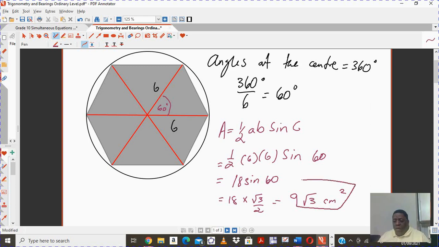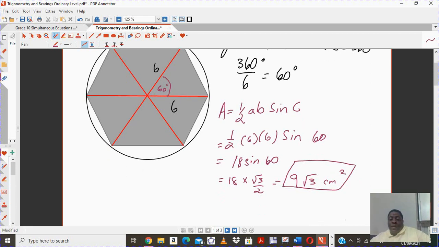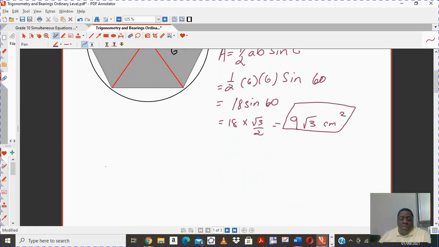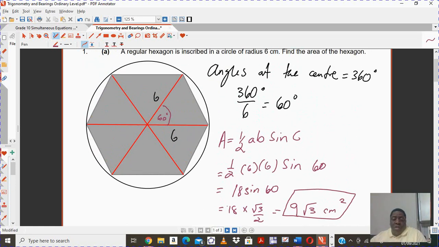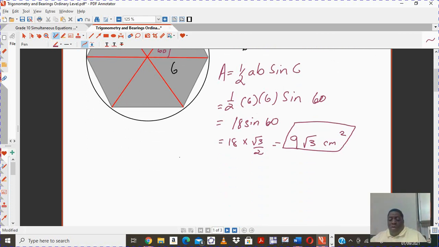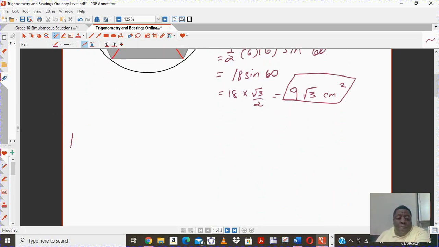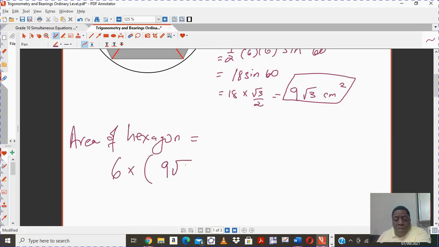You can go ahead and play around with it. Maybe you can write it to decimal places. So if that is the area of 1, then 6 of these triangles, because I have 1, 2, 3, 4, 5, 6, the area of the hexagon will equal 6 times this area.